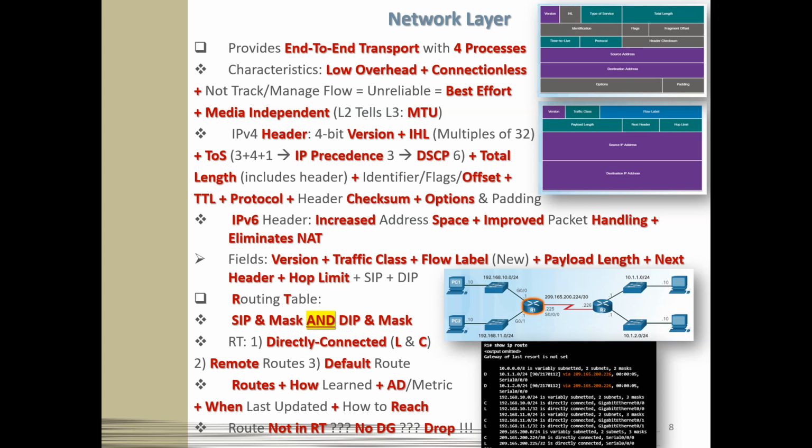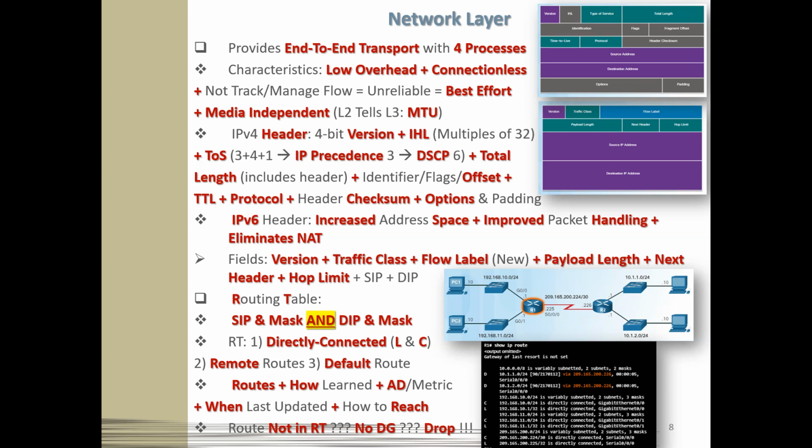If one or more options are used, that means the size of the IP header is no longer a multiple of 32 bits. Recall that the IHL field can contain either 5 or 6 depending on the size of the IP header. The minimum is 20 bytes and the maximum is 24 bytes, so 5 and 6 respectively.